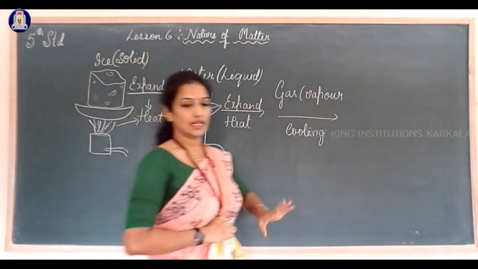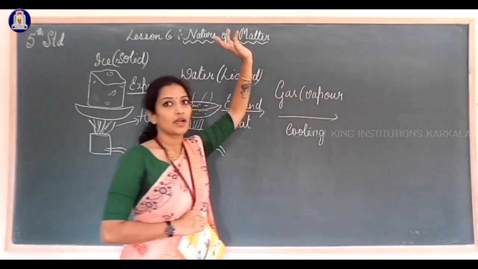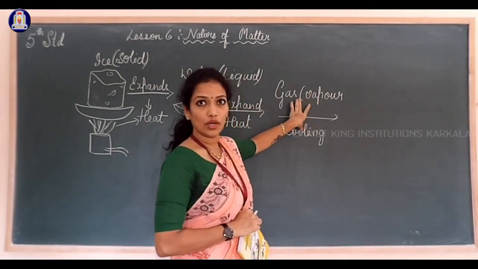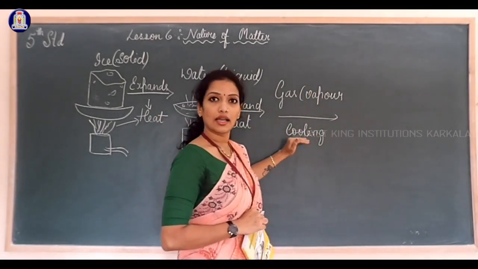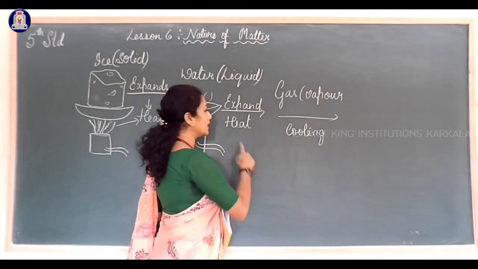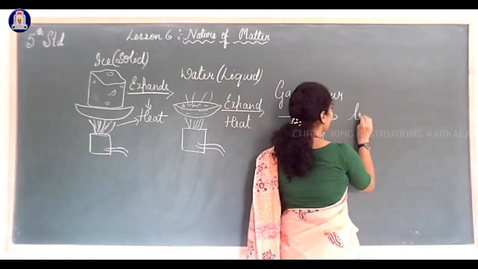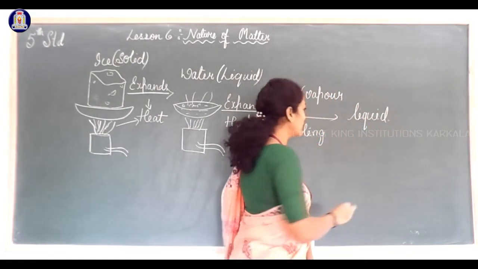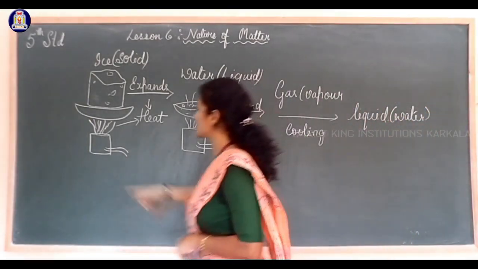The evaporated vapors go to form clouds, and on cooling, the vapor becomes cloud. Same thing happens here, that is vapor on cooling becomes liquid again. It turns to water. This is a total reverse process, isn't it?